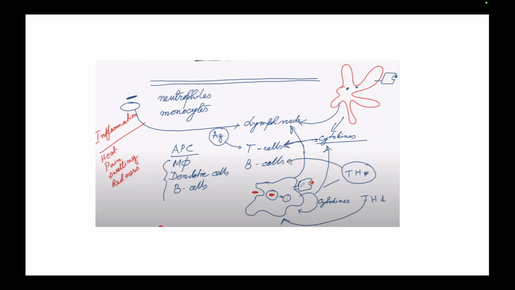For example, here you can see a particular antigen presenting cell. This is a foreign antigen, and this cell has engulfed that antigen inside its lysosome, degraded it and made peptides out of it. The peptide is then presented on the surface of this cell with the help of a surface molecule called MHC.